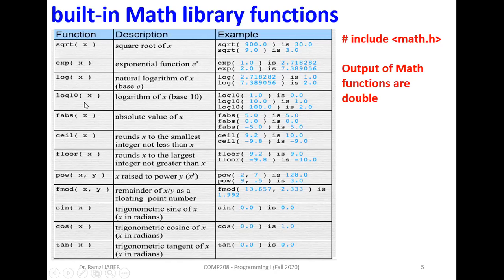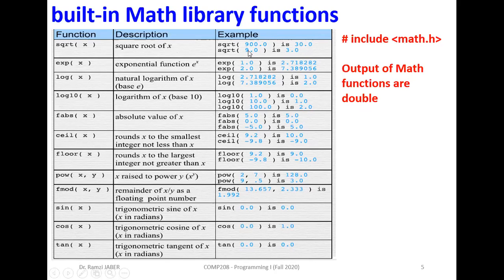Always the output of these built-in functions is a double or float number. Like here, for example, sqrt(x) means square root of x.